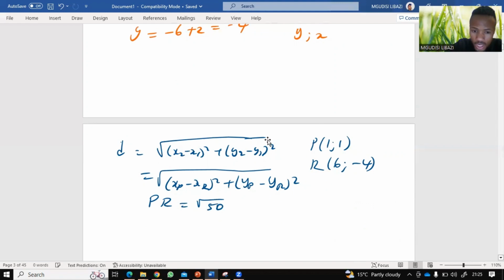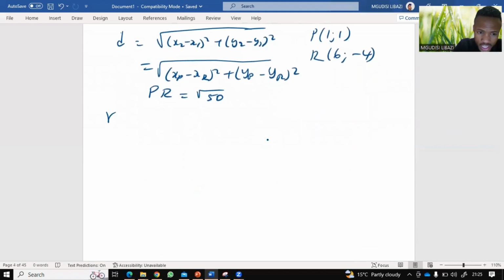So now, we know that the radius will actually be the square root of 50 divided by 2. That's the radius. And then if we square both sides, we're going to get r squared is equal to 50 over 4.